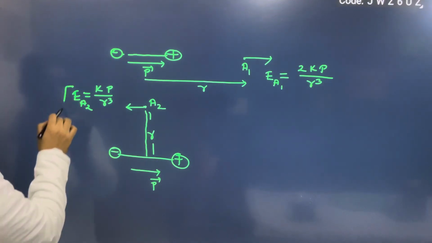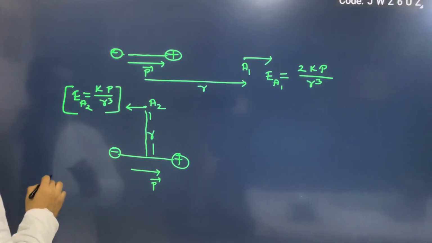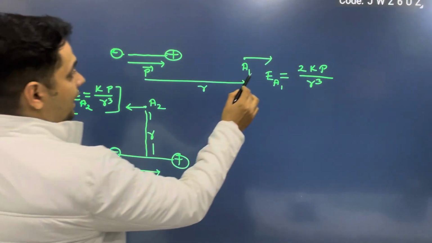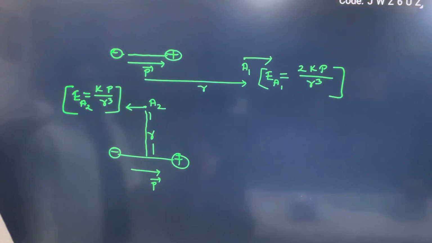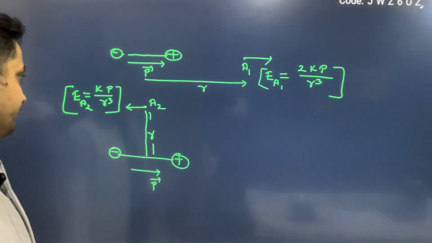Correct? So these are the electric field strengths at points A1 and A2, where A1 is on the axial line and A2 is on the equatorial line.